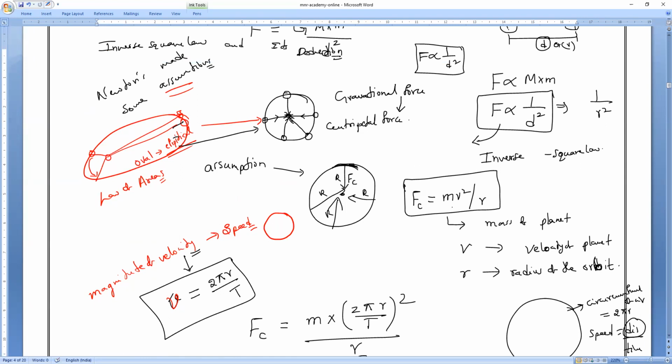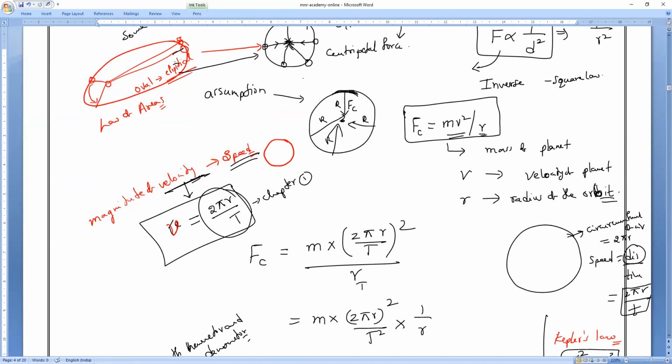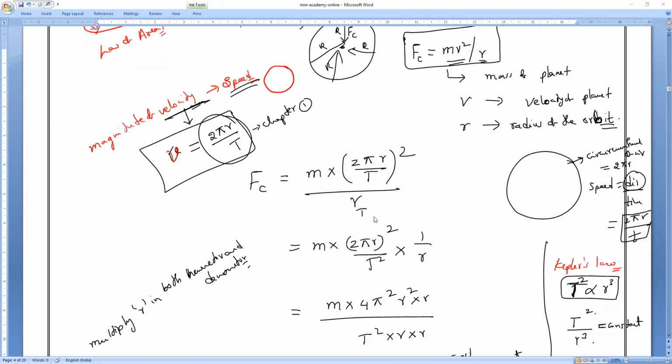Here m means mass of the planet, v means velocity of the planet, and r means radius. The magnitude of velocity, that is speed, in circular motion is 2 pi r by T, which we studied in chapter 1, circular motion. So I am replacing that in the velocity place. If I proceed, I will get m, this whole square.